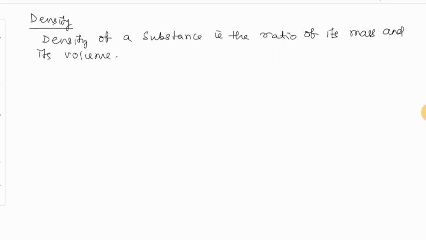That means if there is a substance, its mass is m and its volume is v, then density rho, this is the symbol of density, rho, is equal to mass by volume.